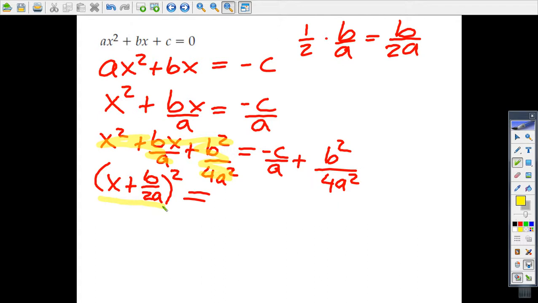Can I combine these together? Negative c over a and b squared over 4a squared. Not currently, but can I rewrite one of these so that I could combine them together? Sure. What's the common denominator between a and 4a squared?